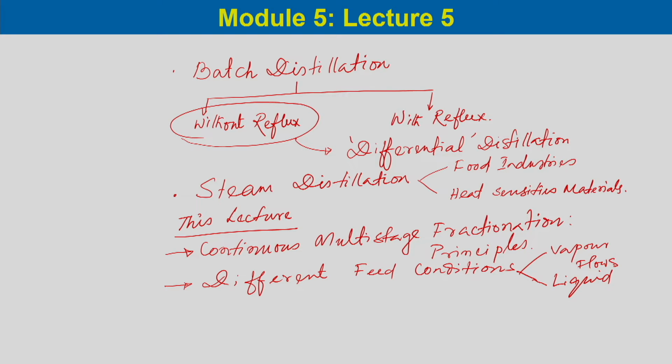So, how this feed condition changes the vapor flows and liquid flows inside the column, that we will discuss, and finally, we will obtain the operating lines for rectifying and stripping section.